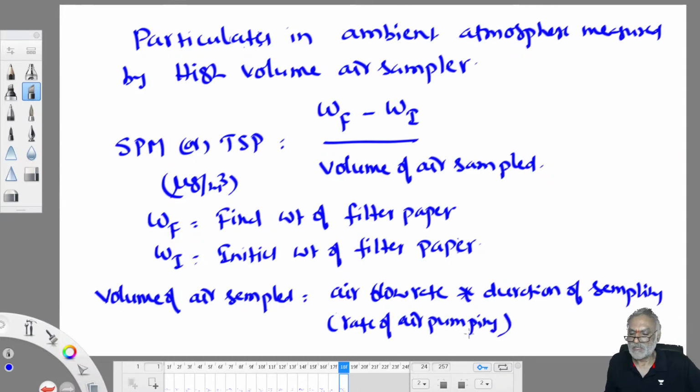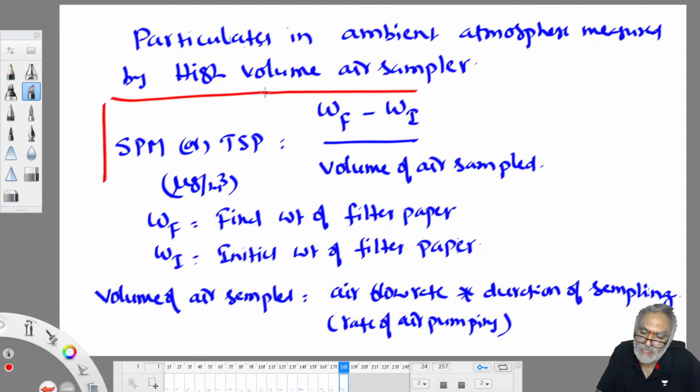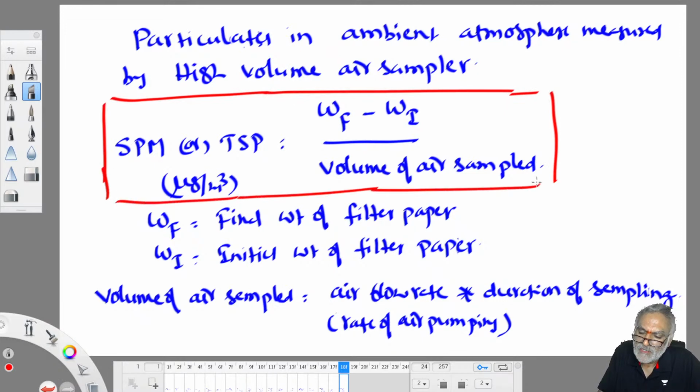That's how we work out the volume: air flow rate through the sampler into duration of sampling. Based on this equation, a question was asked in the GATE exam. In water we also work out in the same fashion; instead of volume of air sample, there you will find volume of water tested. That's it. So let us see that GATE question.